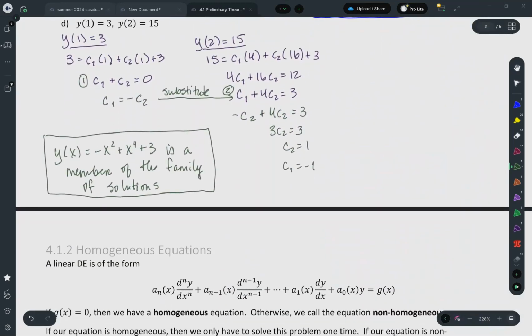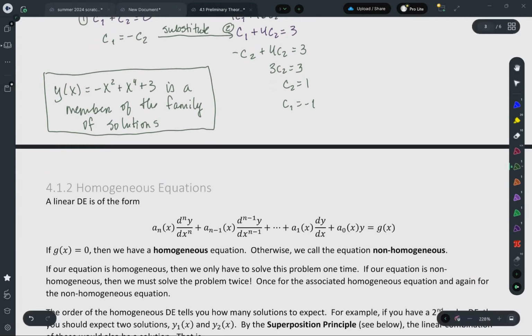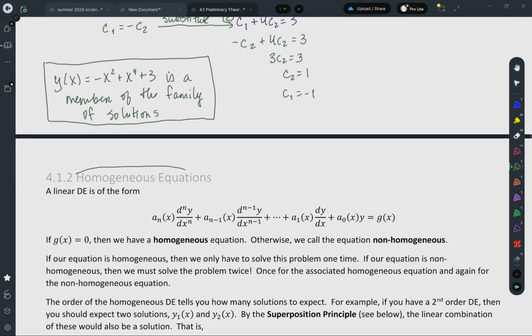All right, the next topic. This whole section 4.1 is broken into 3 subsections, and this next one is about homogeneous equations, which we've talked about before. Homogeneous equations just means that the differential equation is equal to 0.